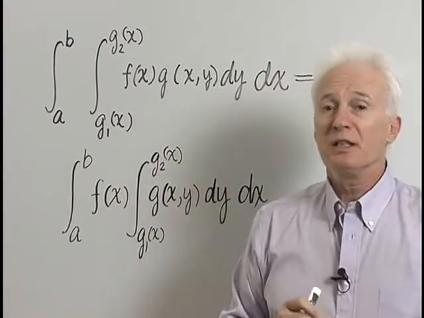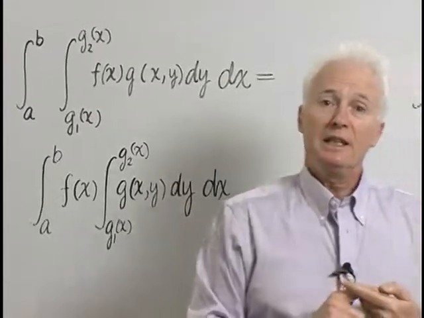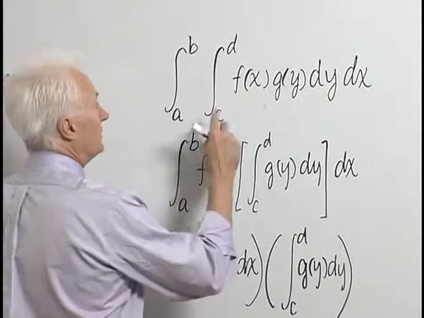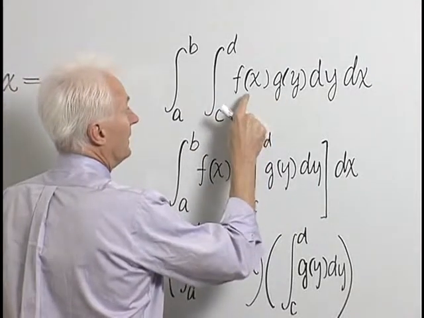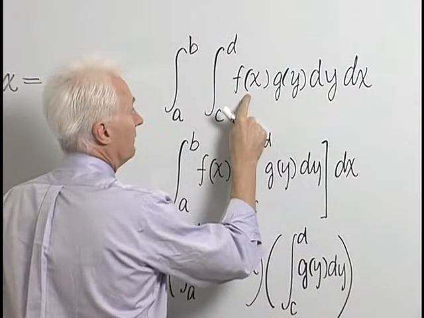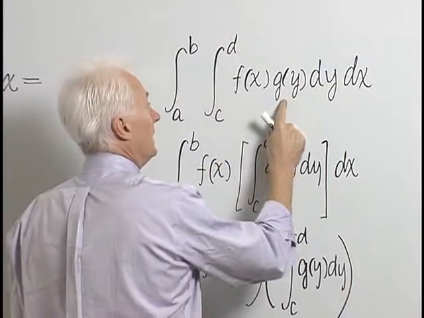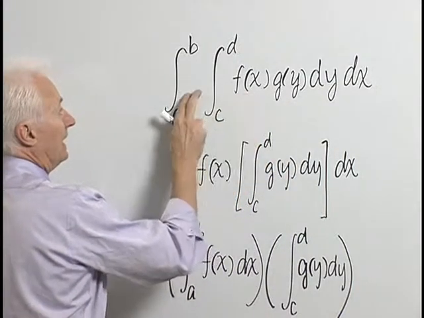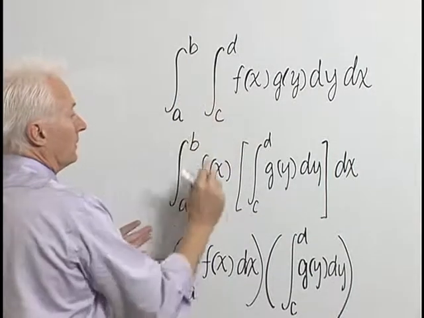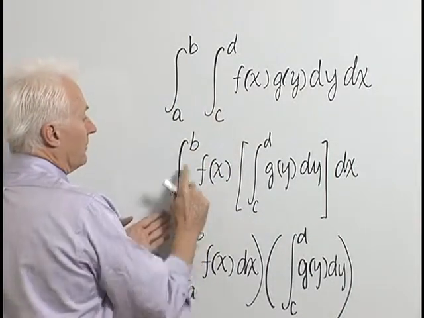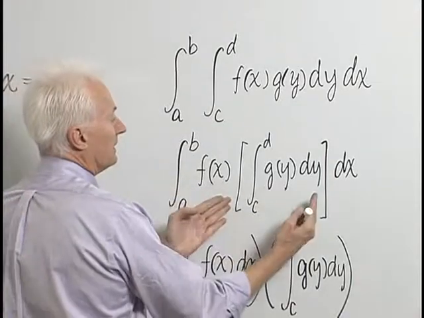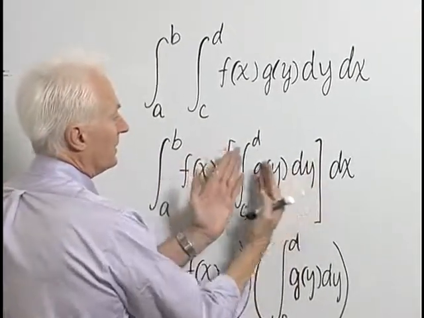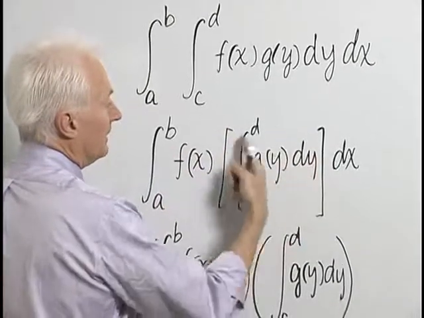Now, this takes a particularly interesting form in the case where we're integrating over a rectangle. For instance, suppose my integrand itself is a product of a function of x alone multiplied by a function of y alone. Well, now I can pull the f of x out of the inner integral, and I've got the integral from a to b of f of x times the integral from c to d of g of y dy. Well, notice there's no x appearing in this expression.